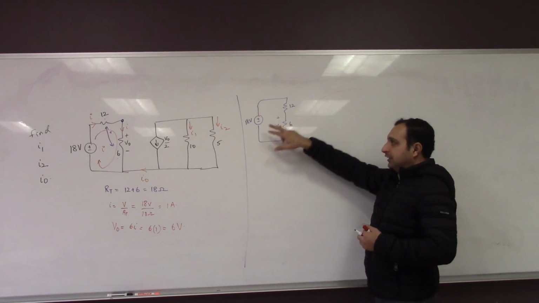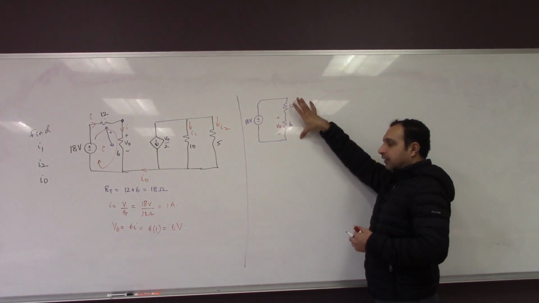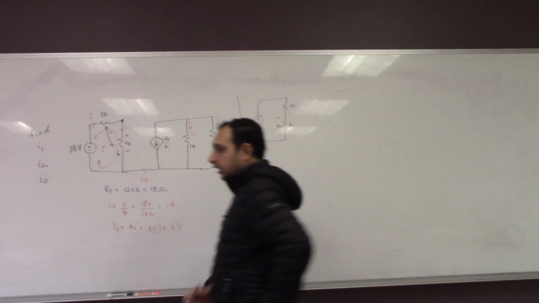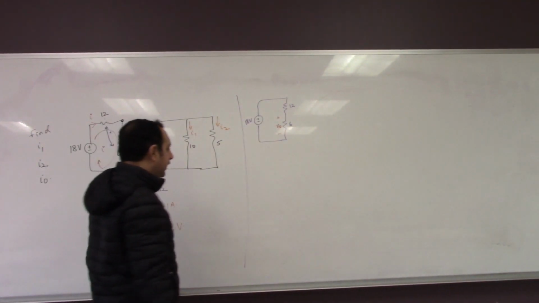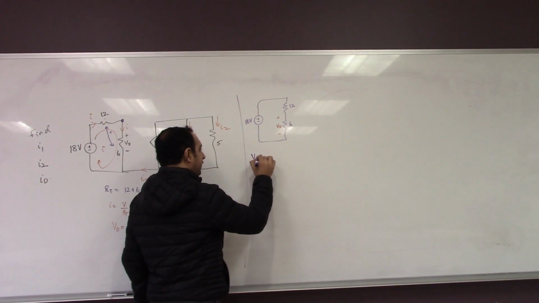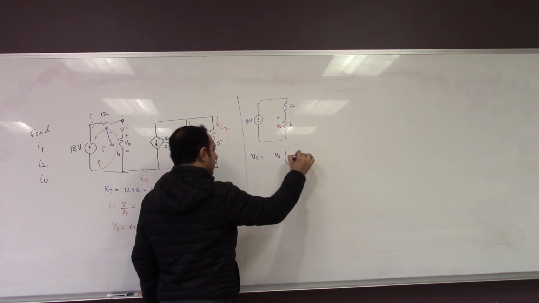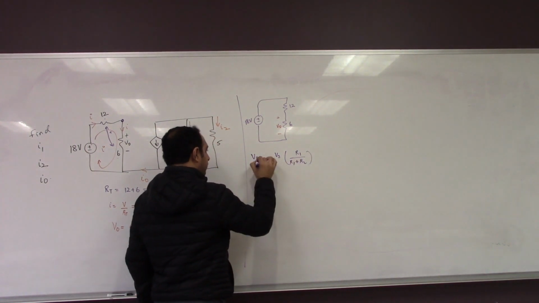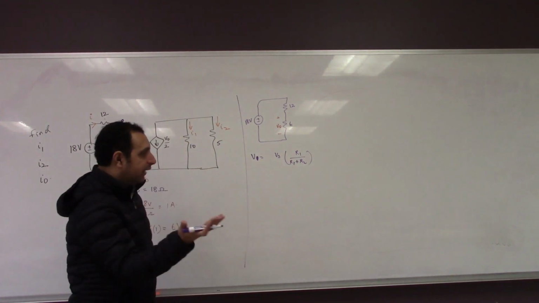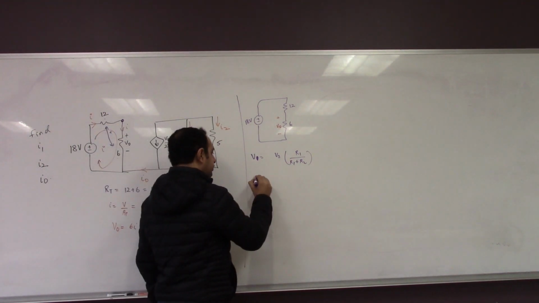If you look here, they are in the ratio of 1:2. So obviously this total voltage will be divided in that ratio. If you remember the voltage divider rule, we said V naught will be equal to the total voltage, Vs, times R1 divided by R1 plus R2. You can write it as V1 or V2 depending on which you want to calculate. In our case, we need V naught.